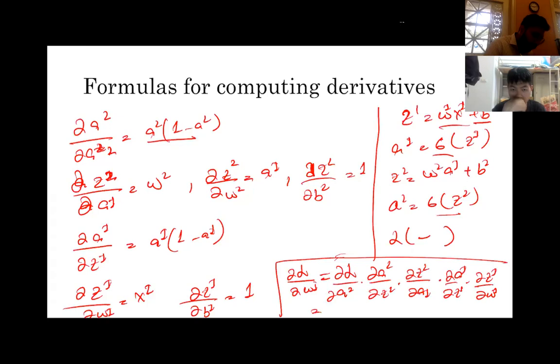So I'll put in the values of each one of these. So this is (a2 minus y) divided by a2(1 minus a2). This is a2(1 minus a2). z2 with respect to a1 is w2. Then a1 with respect to z1 is a1(1 minus a1).